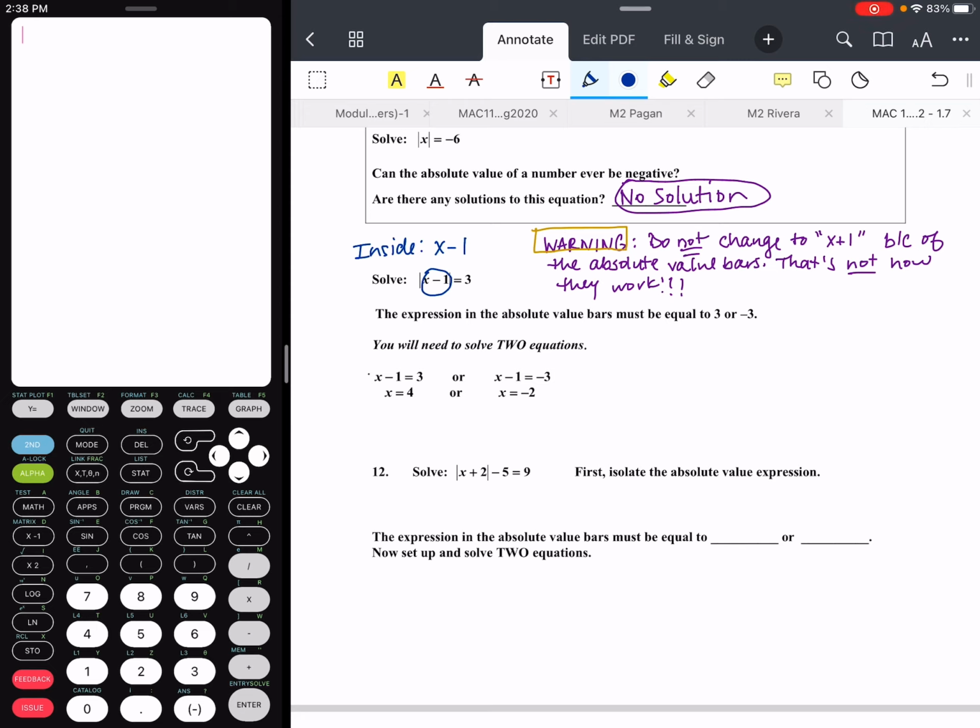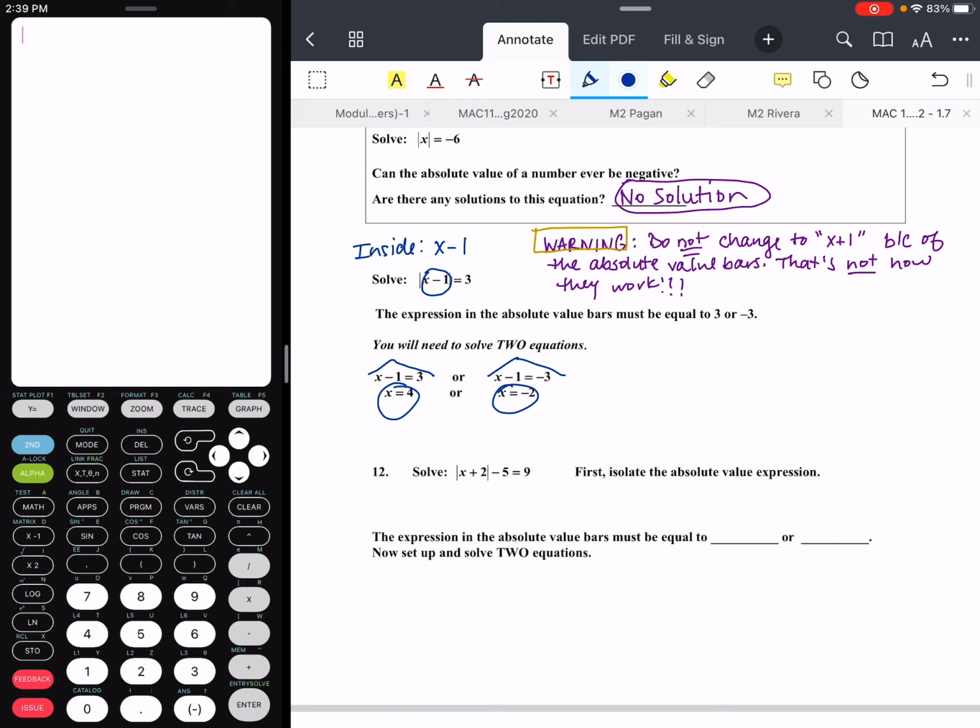First, we get x minus 1 equals +3. Then we set up the second equation, x minus 1 equals -3. We solve each of these separately, adding 1 to both sides. I get x equals 4 over here, x equals -2 over here. So we have two solutions, x equals 4 or x equals -2.